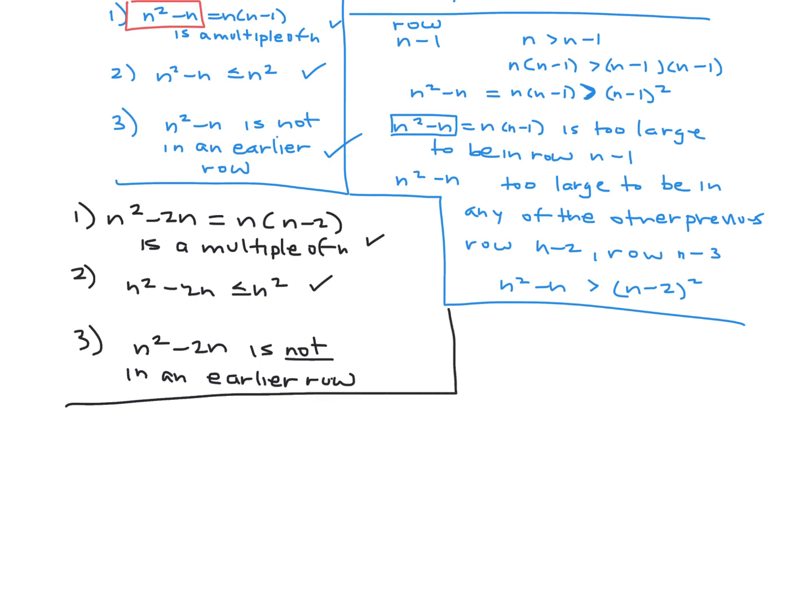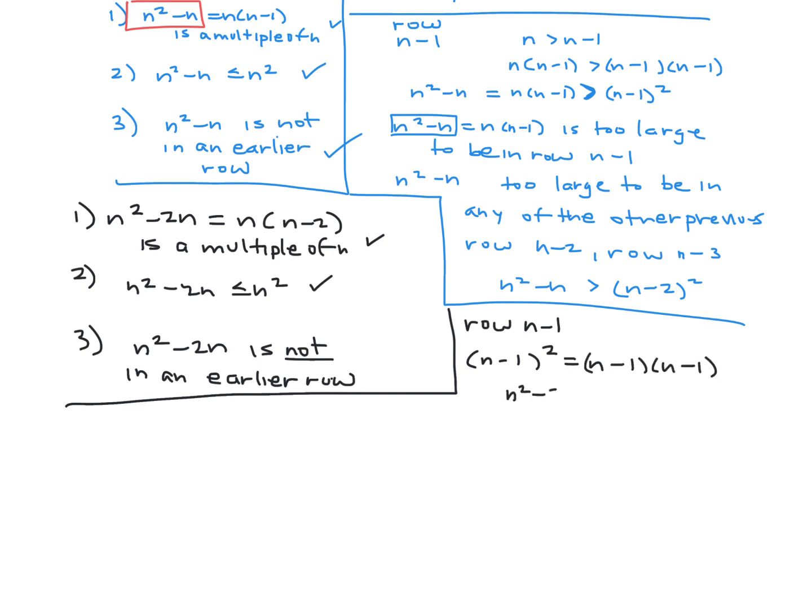Okay, so the earlier row, let's start with row n minus 1. If you squared it, it would be n minus 1 times n minus 1, right?